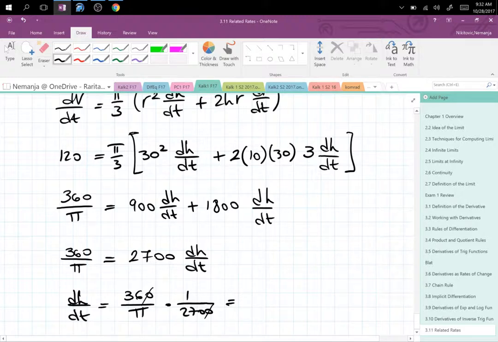Both 36 and 27 are divisible by 9, so I have 4 over pi times 1 over 30. So the whole thing is 4 over 30 pi.